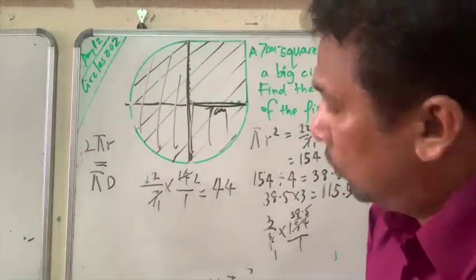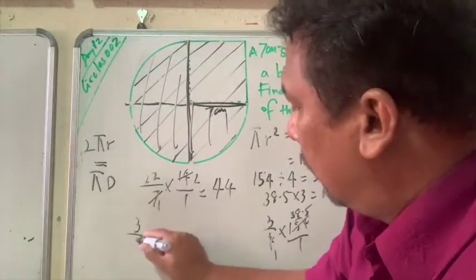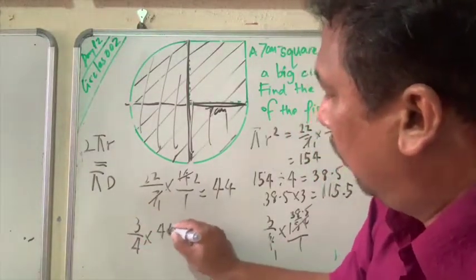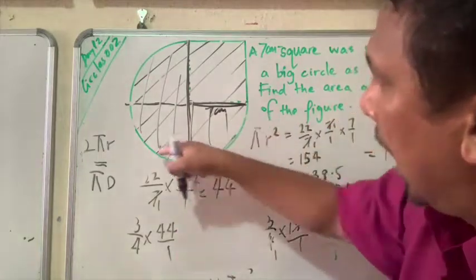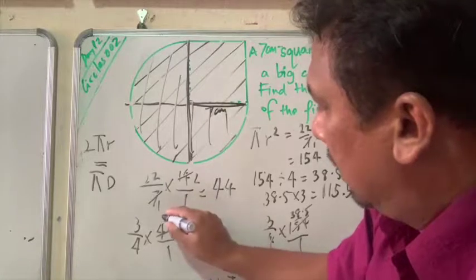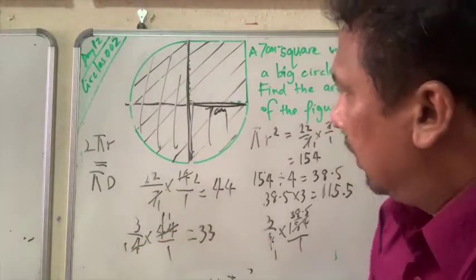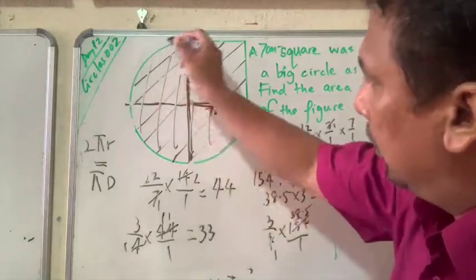You can do a shortcut, as we suggested here. You can take 3/4 times 44 to find this big arc, which you will get 33. Okay, so the arc from here to here is 33.